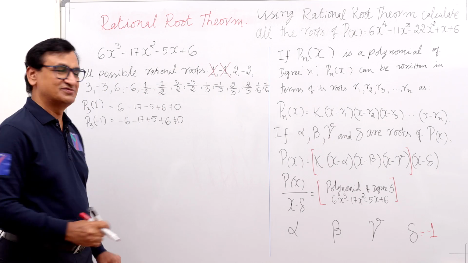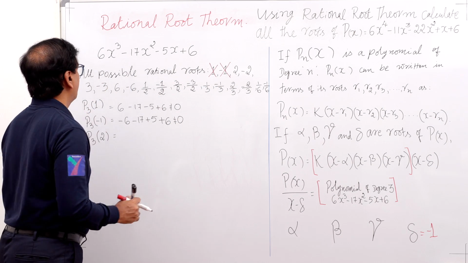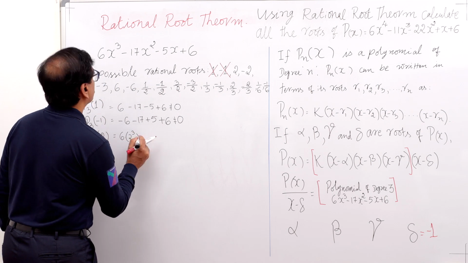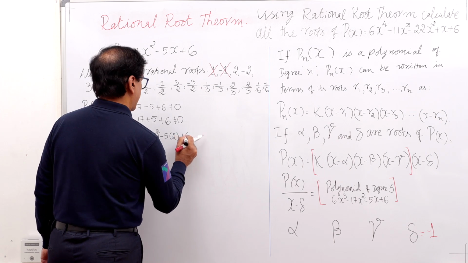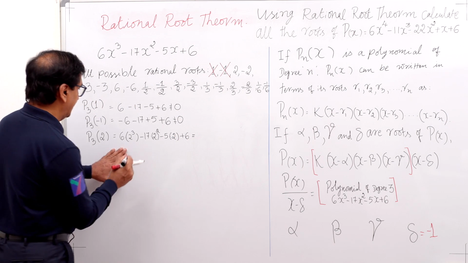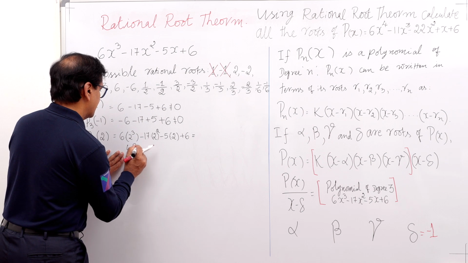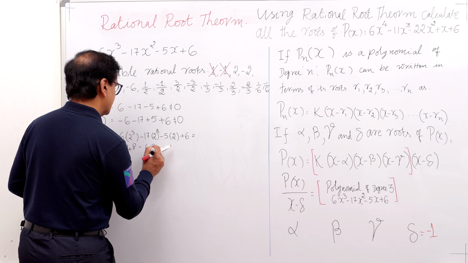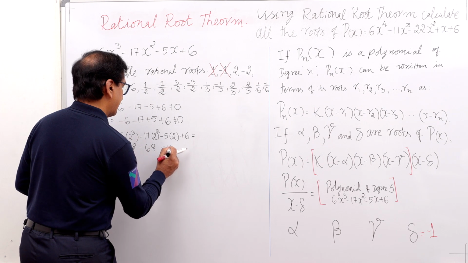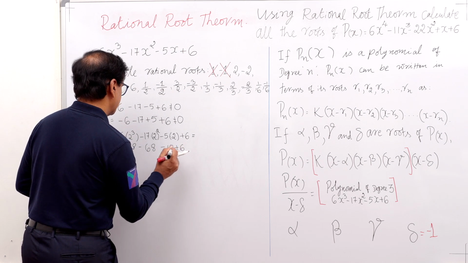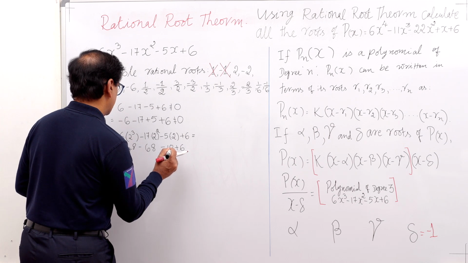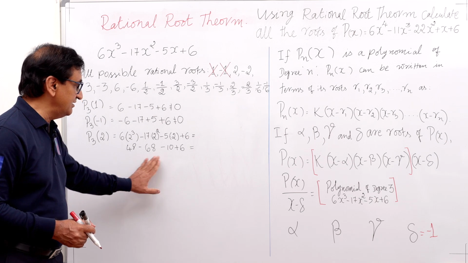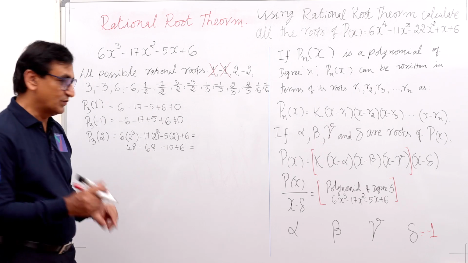Let's check 2. Then 6 multiplied by 2 cubed, so 6 multiplied by 8, so 48, minus 17 multiplied by 4, so that is 68, minus 10 plus 6. This is 48 minus 68 minus 20 minus 10 minus 30 plus 6, not equal to 0.